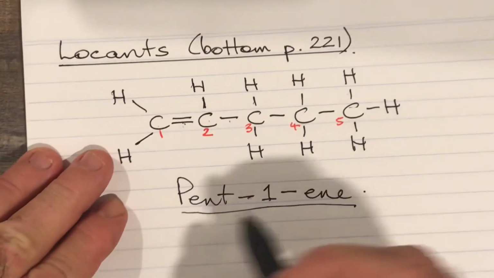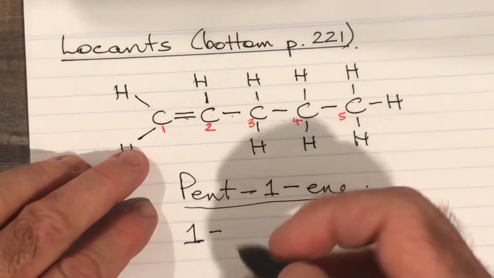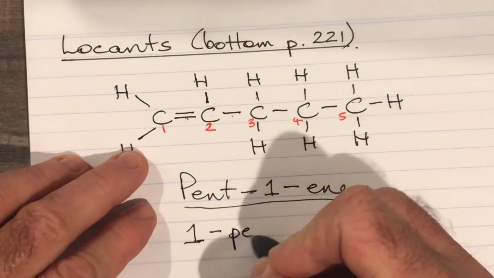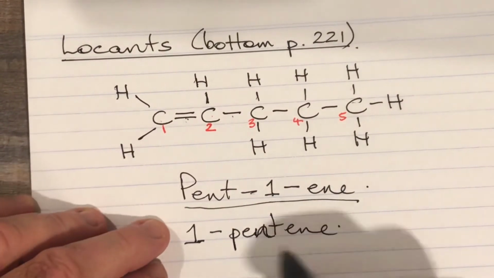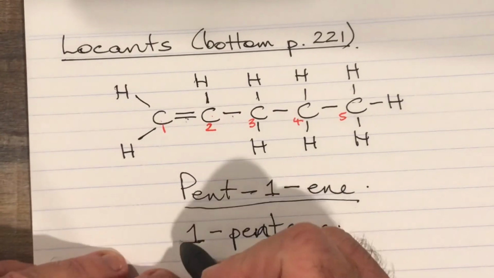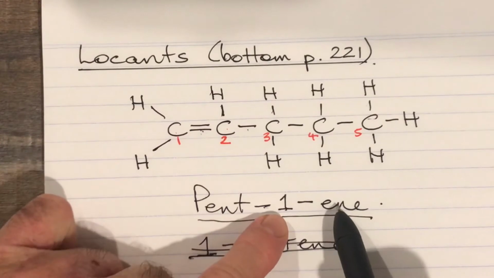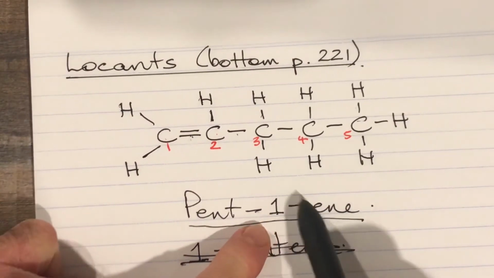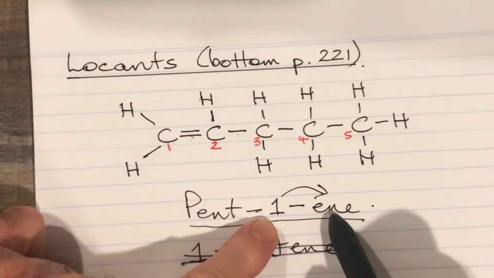Once upon a time, for historical reasons, this would have been 1-pentene. That's still correct, but it's more correct to put the 1 just before where you need it in the molecule. The 1 indicates the presence of the double bond.